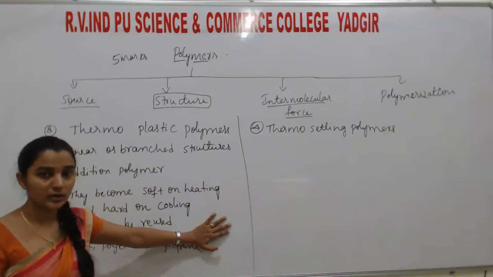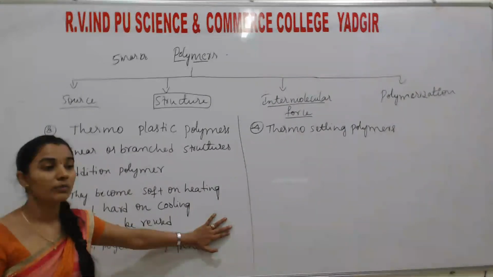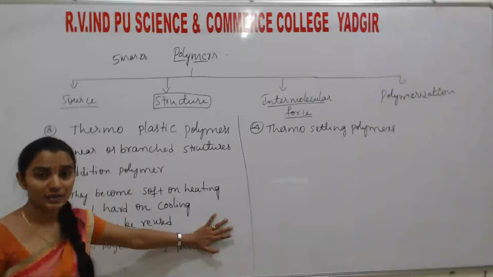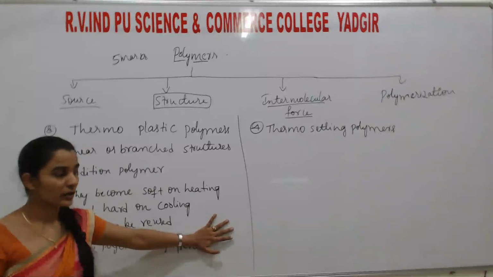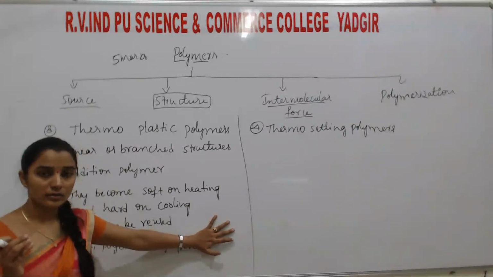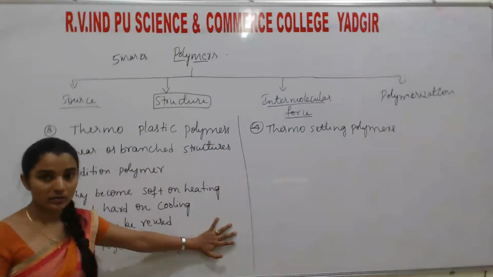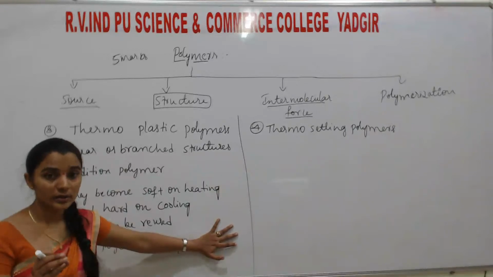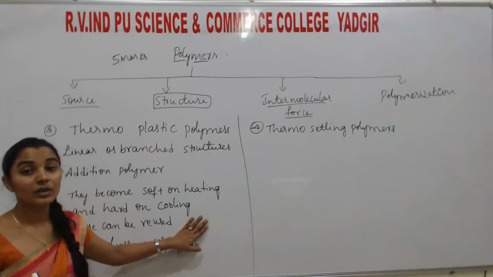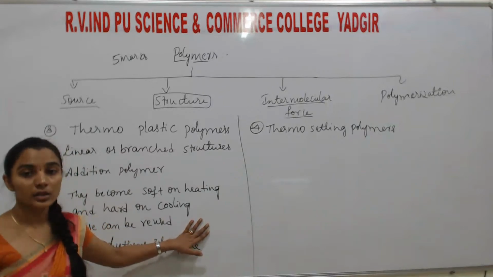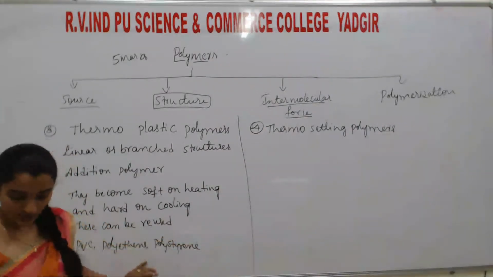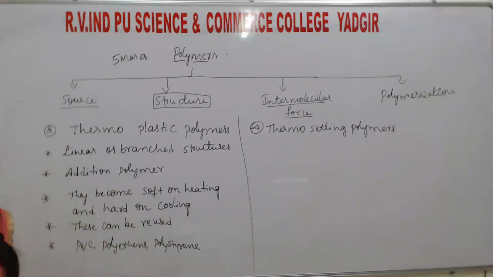Why do they collect them? Because they can be reused and recycled. Understand? I think you always see people picking up polythene bags and water bottles. You know that. Okay. So because they can be recycled and reused.